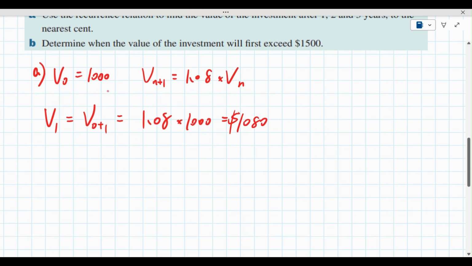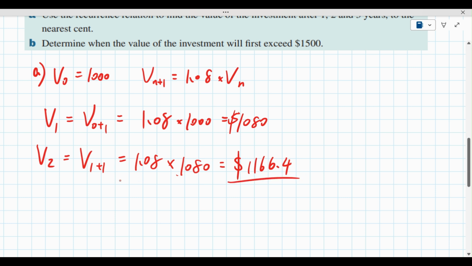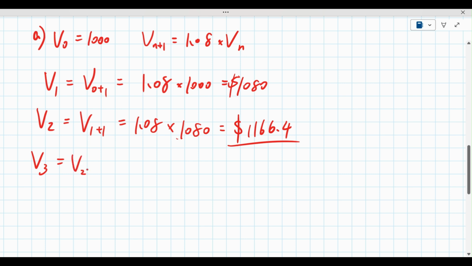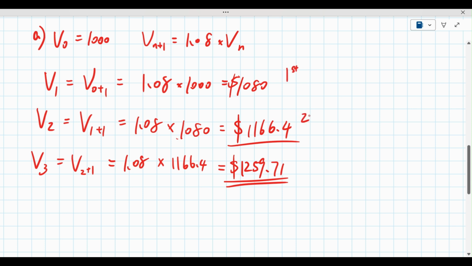After 2 years, V2 equals 1.08 times $1,080, and using your CAS calculator, you will find that equals $1,166.4. And V3, after 3 years, equals 1.08 multiplied by 1,166.4, which equals $1,259.71. That's it: first year, second year, and third year.